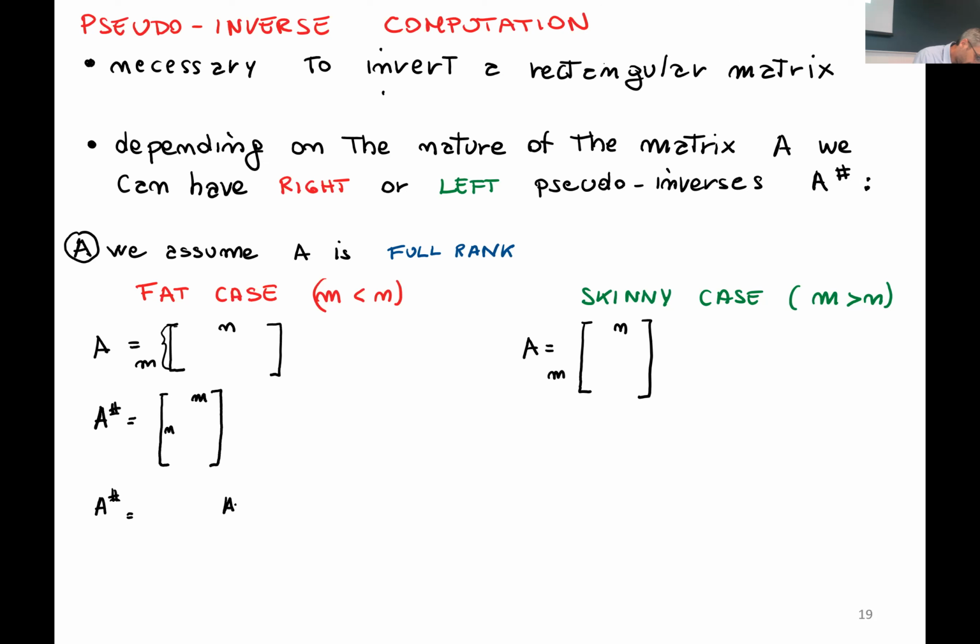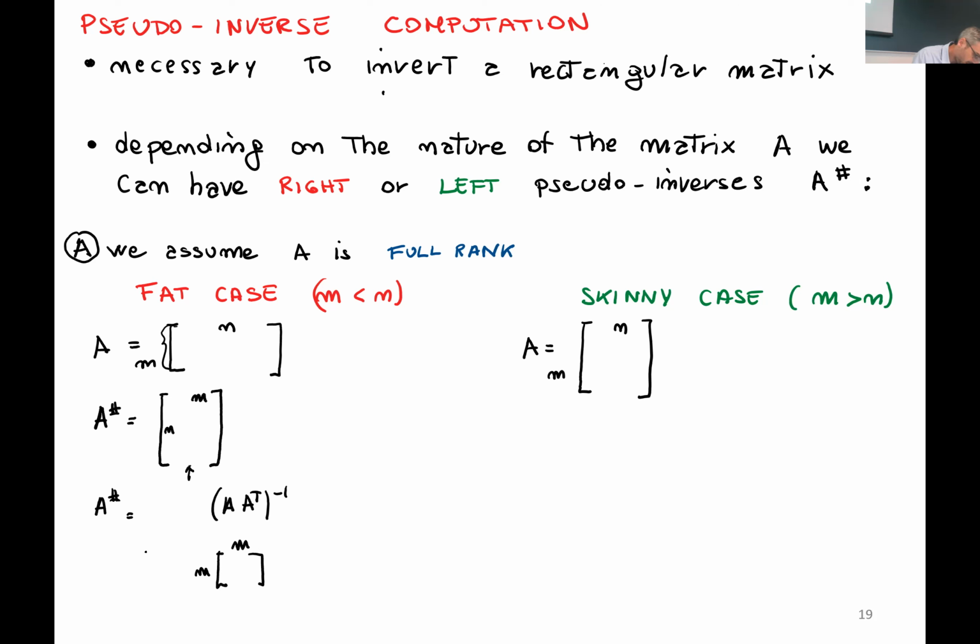So if we multiply A times A transpose, we get a full rank M times M square matrix that we can invert, times something to achieve this shape.